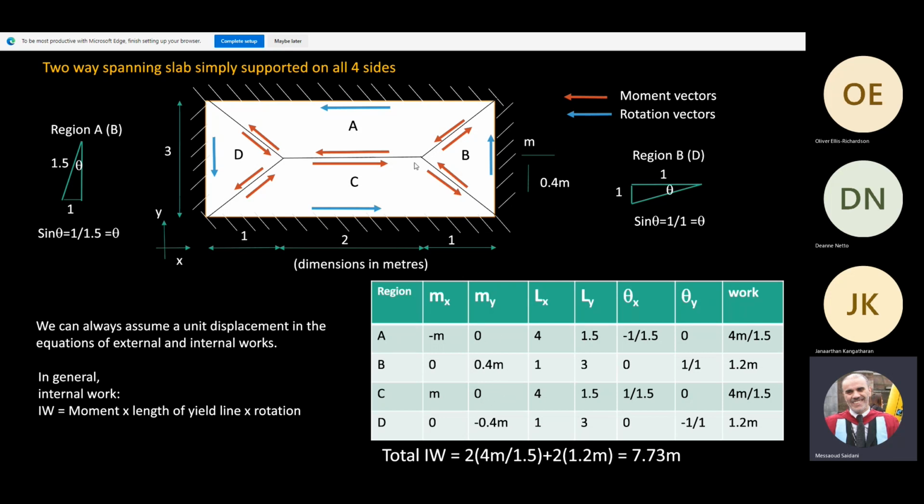Now, again, look at this. Can you see this yield line here for region B? When you project this yield line on the x-axis, do you agree with me it's 1? Yes? Yeah. And this yield line again, when you project it on the y-axis, do you agree it's 3?